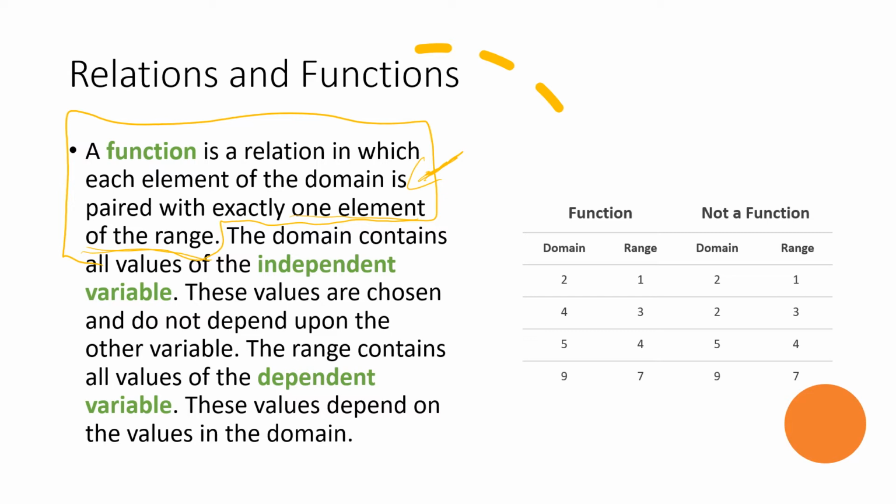So let's finish reading the definition, and we're going to apply this definition to our function and not a function tables over here. The domain contains all values of the independent variable. So these are the independent variables.